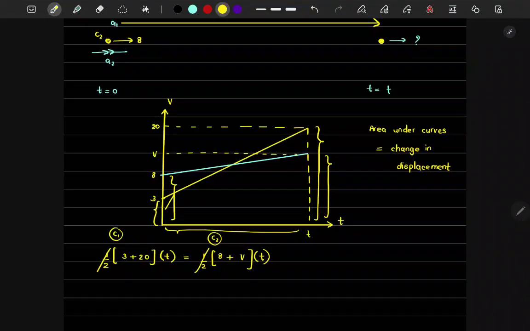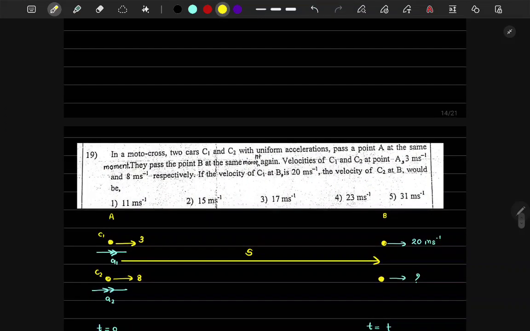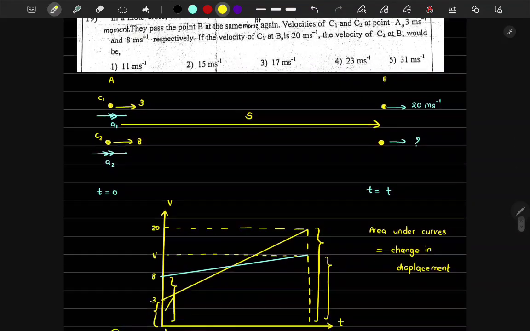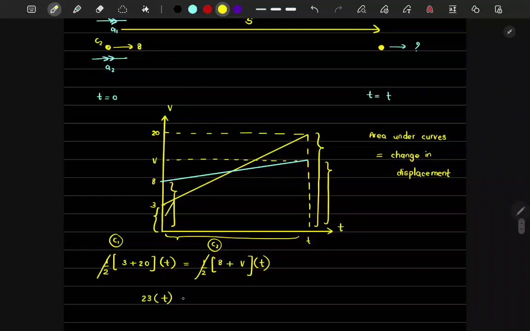The height of the trapeziums are common. So 23 times T equals 8 plus V into T. Then V equals 15, 23 minus 8. So 15 meters per second is the velocity of C2 at point B.